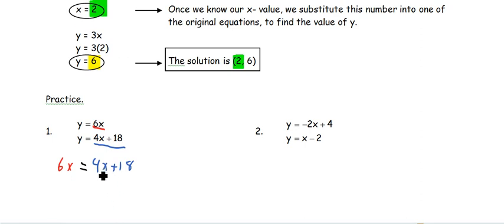The coefficient 4 is less than 6, so I'm going to move this one up, which means I need to not add. I'm going to subtract. That's a positive 4x, so I'm going to subtract 4x from both sides of the equation. I end up with 2x equals 18.